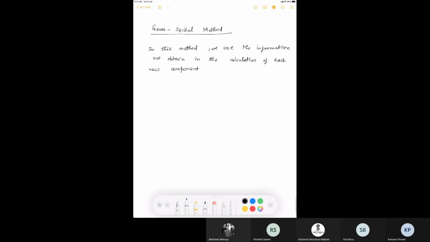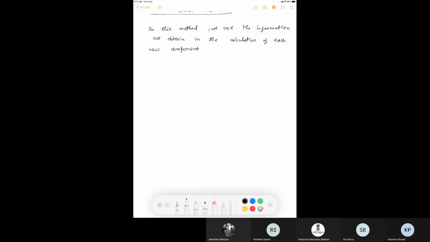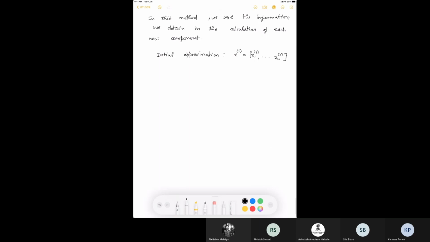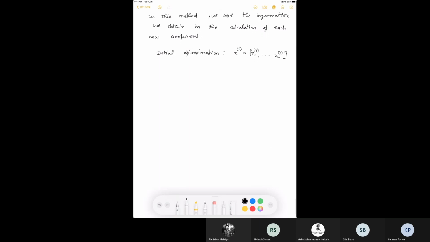Okay, so let's write down one of the iterations and try to understand it. So suppose we have the initial guess or initial approximation as the vector x1, x2 up to xn with 1 in the superscript. Okay, and I want to compute the second iteration.